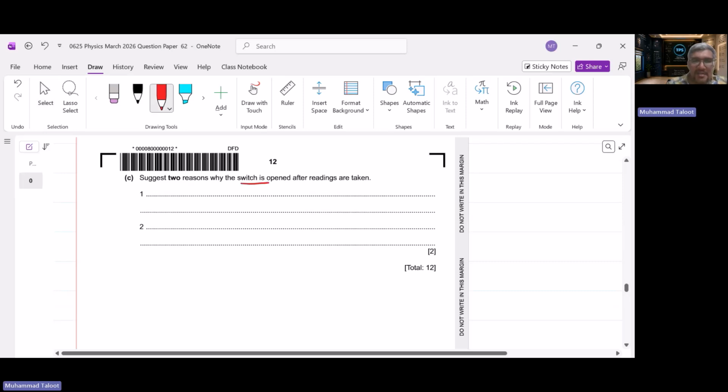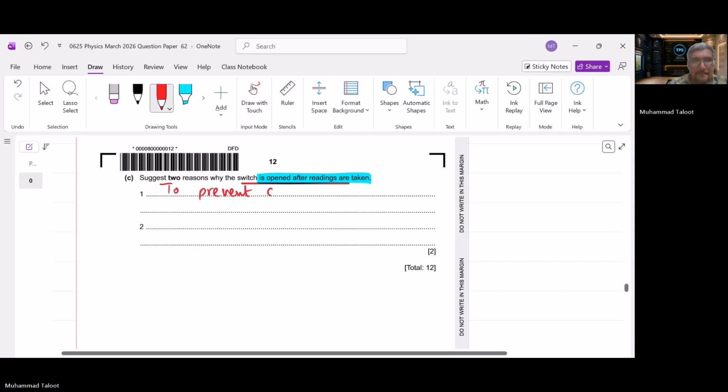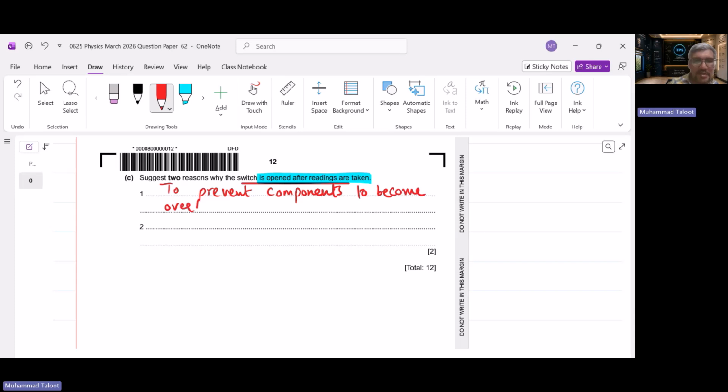Suggest 2 reasons why the switch is opened after readings are taken. This is a very common question. To save the power supply, the battery, so that charge is not destroyed and the battery will not discharge, and to prevent the components from becoming overheated. So I will be writing: to prevent components becoming overheated.